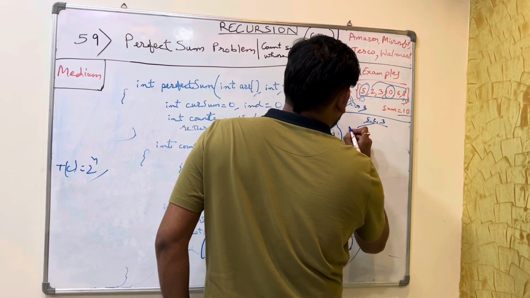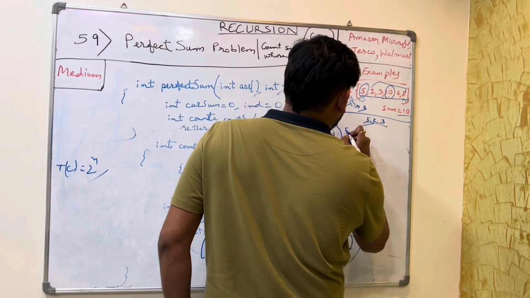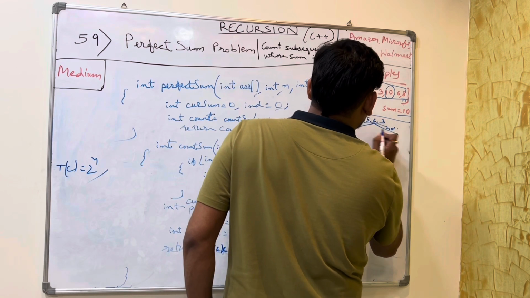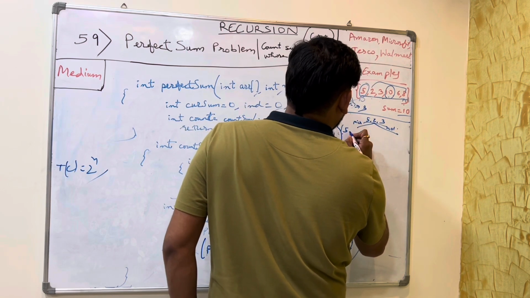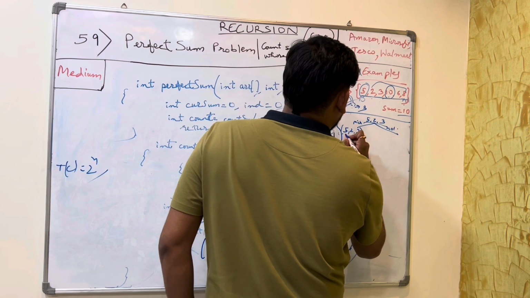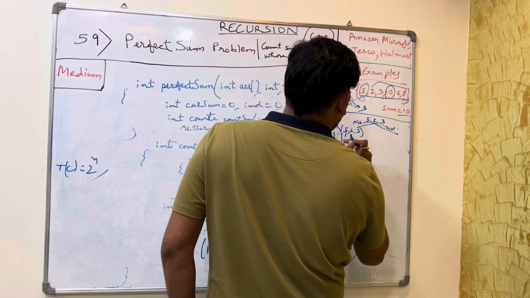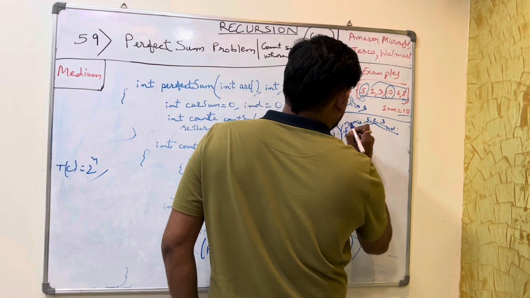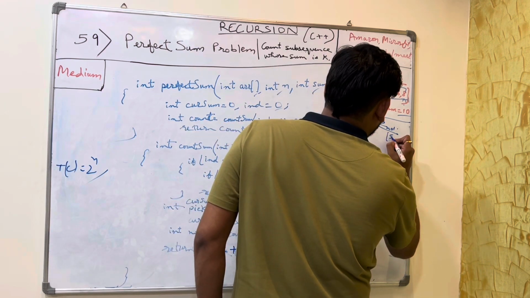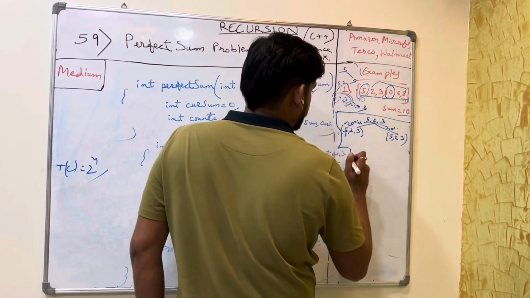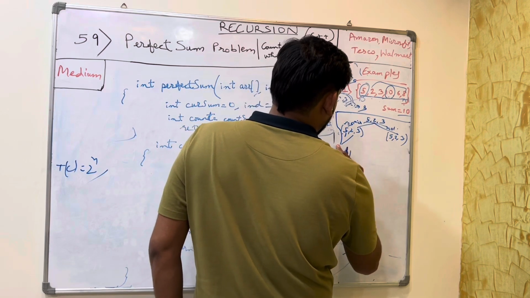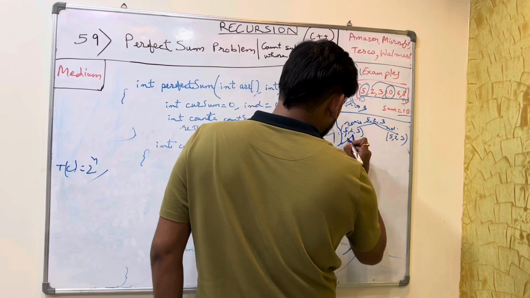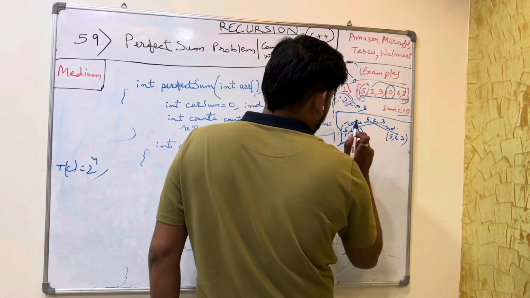We pick 5, or not pick. When we have picked it, our index is here, and the sum is 5. Here we have not picked it, the sum is 0. Once we have picked 5, we have the option of picking the second element or not.